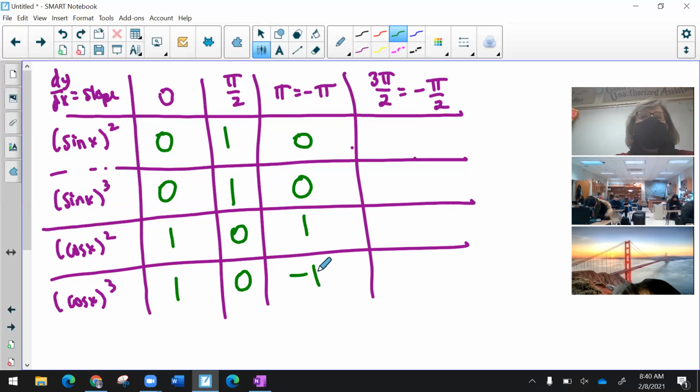The sine of 3 pi over 2 or negative pi over 2 is what? Negative 1. So negative 1 squared is 1, negative 1 cubed is negative 1. The cosine of 3 pi over 2 or negative pi over 2 is 0, so 0 squared is 0, 0 cubed is 0.